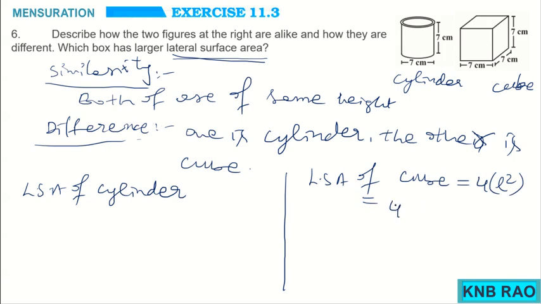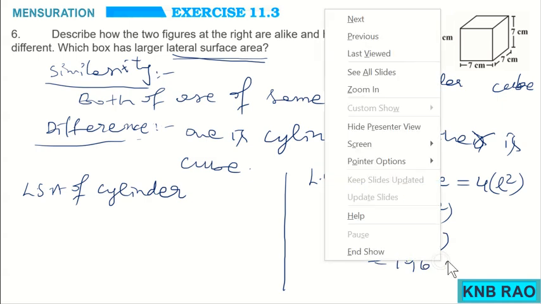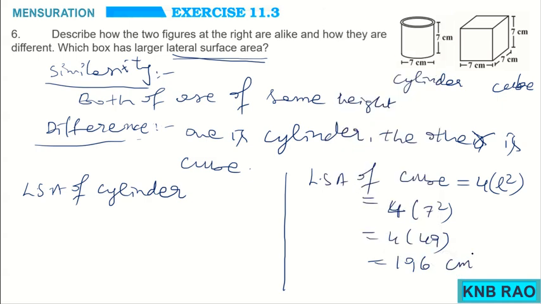Because of 4 walls, they are of shape square, so L square is the area of 1 square, and 4 such walls, 4 into L square. So 4 into 7 square, 4 into 49, 49 fours are 196 centimeter square.